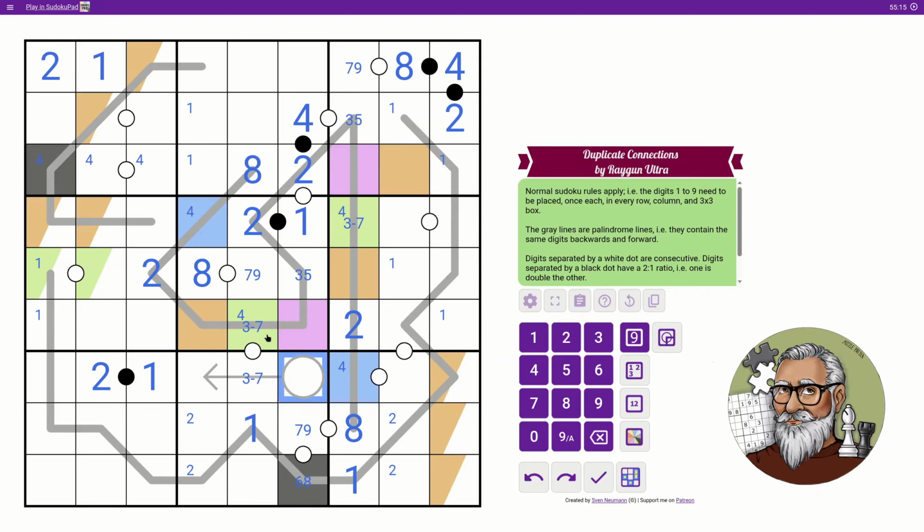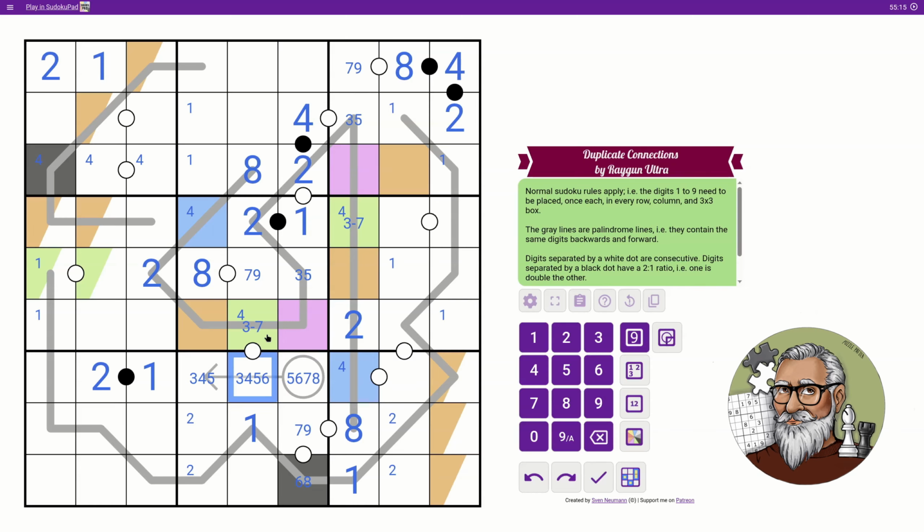So can this one still be 8? Well, not if this one is 7. Well, we can't have 7 because 7 would need an 8 or a 9 here and then 1 or 2. That's not possible. So that is from 5, no, 4. I can't have 4. So 5, 6, 7, 8. Okay. So that is from 3, 4, 5.